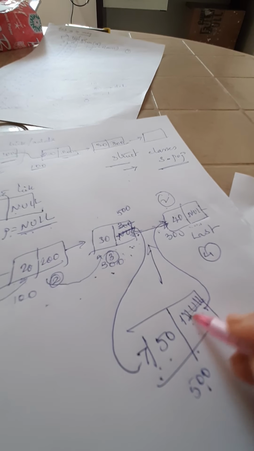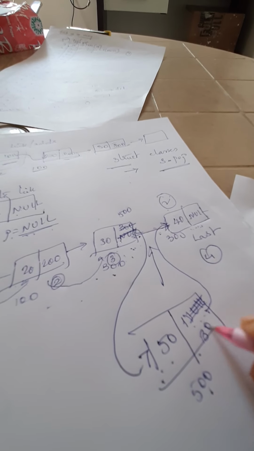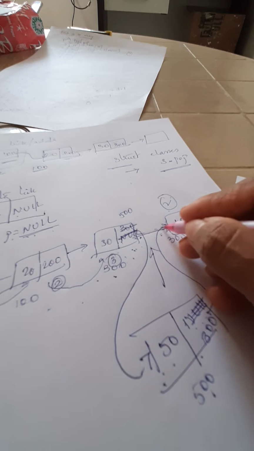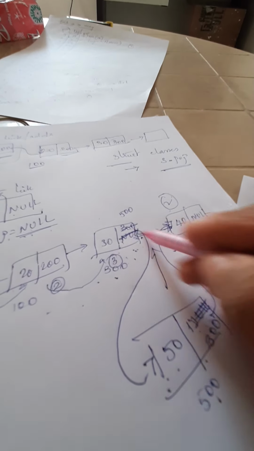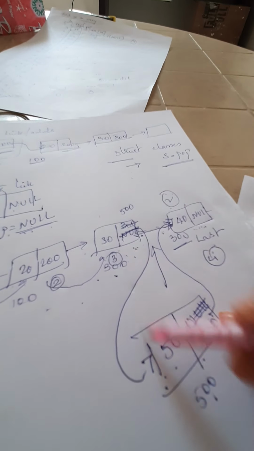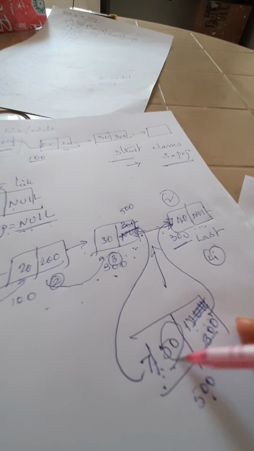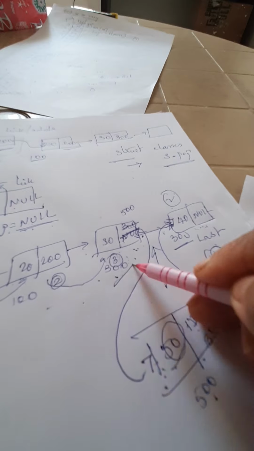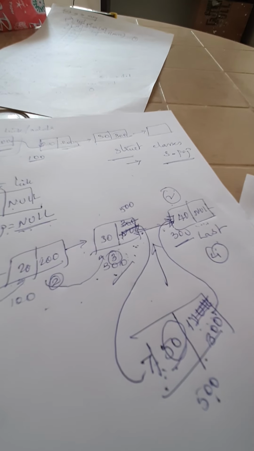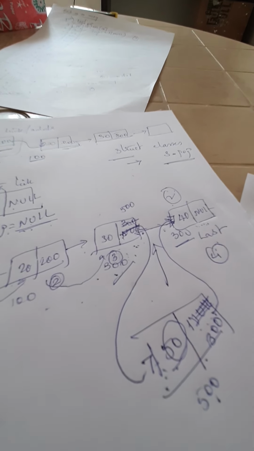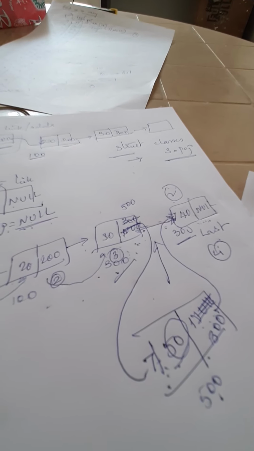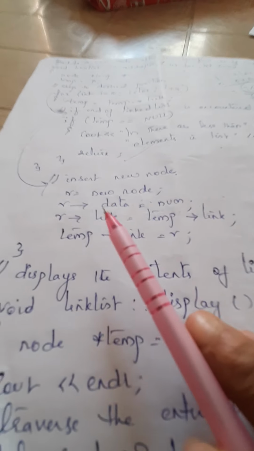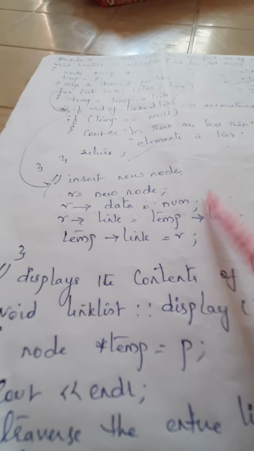Then here instead of null, you will have a connectivity to 300, that means a connectivity towards the node with address 300. So you got a connection wherein you have added an element called 50 after the location 3. This is how you are going to add after a particular location. Got this? So here we are making the links from the old node to the new node and from the new node to the next node.